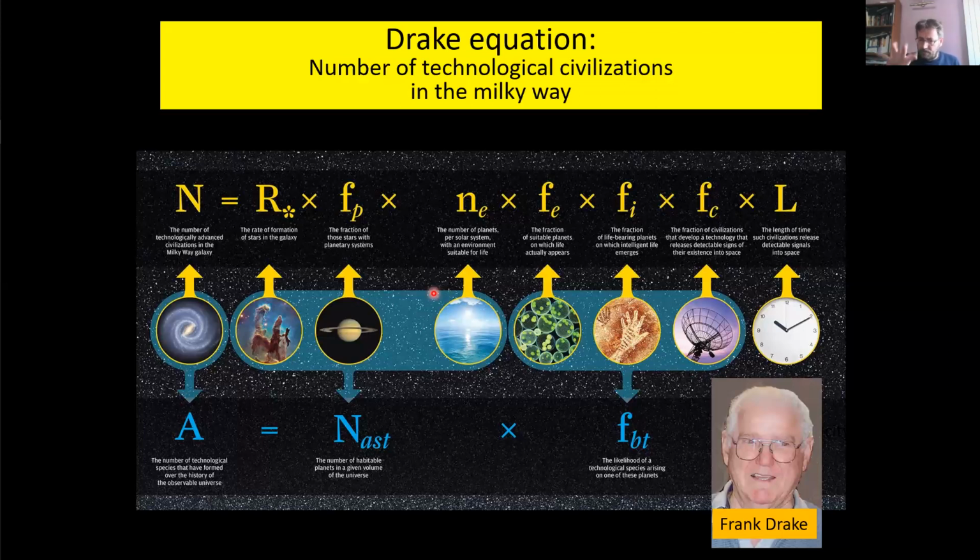So then comes a lot of softer factors. And then, of course, which civilizations that start evolving survive, at least until they discover that an atomic nucleus can be split and that we can make weapons out of it.